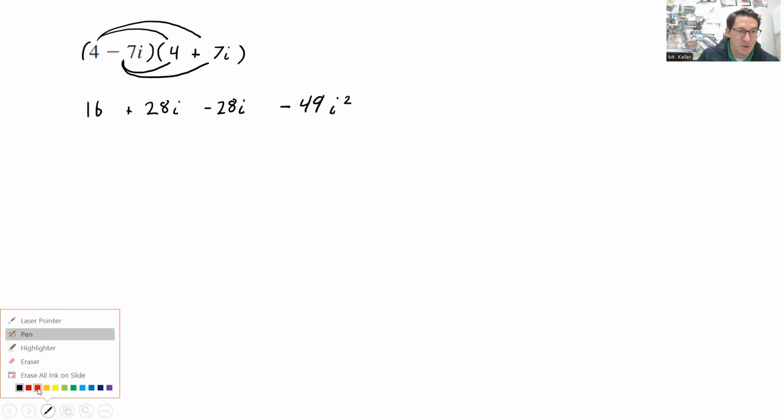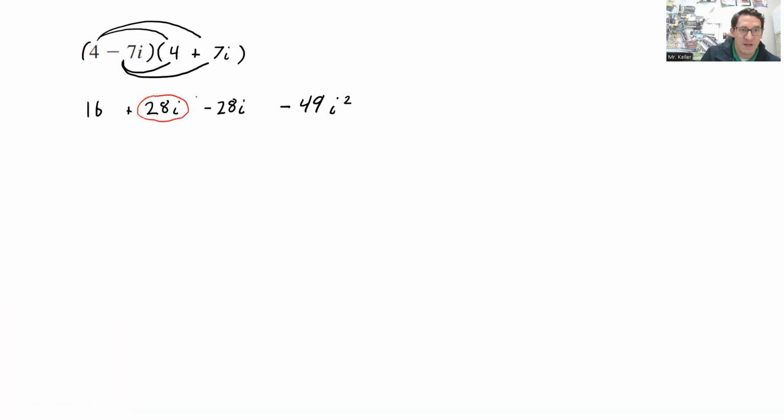Now the imaginary part, positive 28i minus 28i, cancels out. So I have 16 plus the negative 49 i squared. I squared is negative 1, so negative 49 times negative 1 is positive 49. So 16 plus 49 comes out to 65.